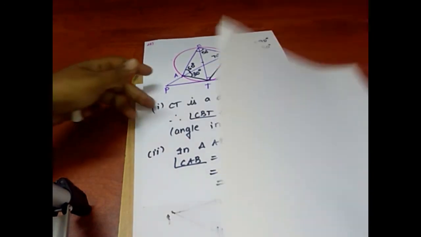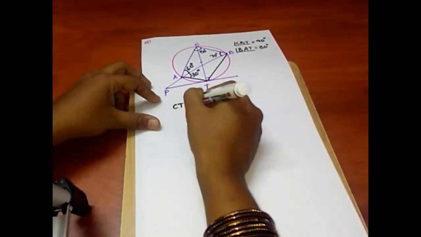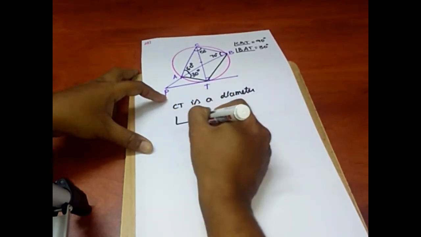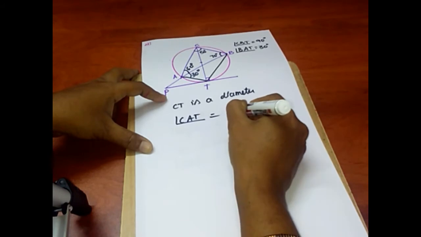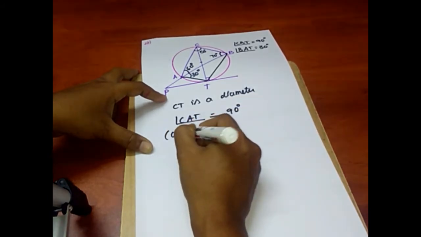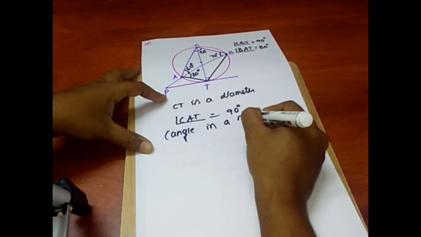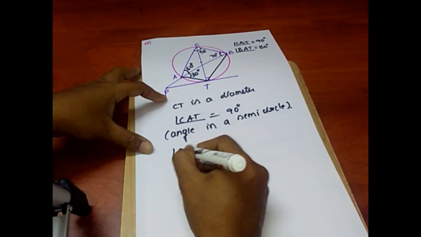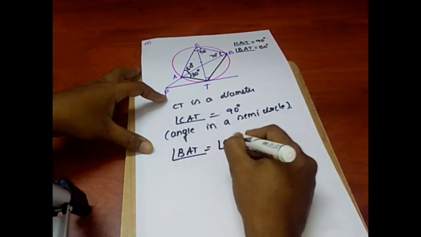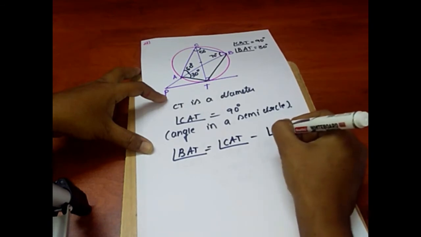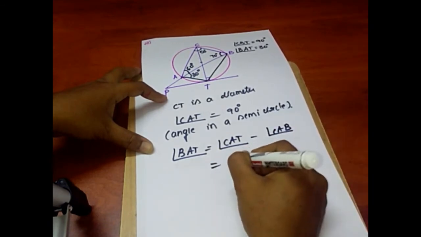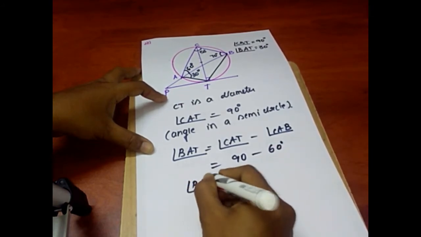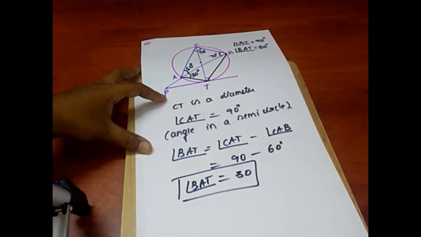Now next, CT is a diameter. Therefore, angle CAT is equal to 90 degree. Reason is angle in a semicircle. Now, angle BAT is equal to angle CAT minus angle CAB. That is 90 minus 60, which is equal to 30 degree. Angle BAT is equal to 30 degree.